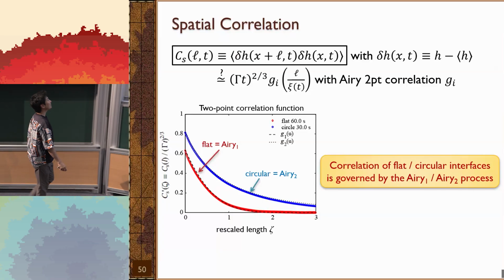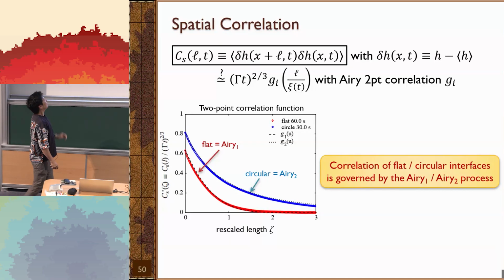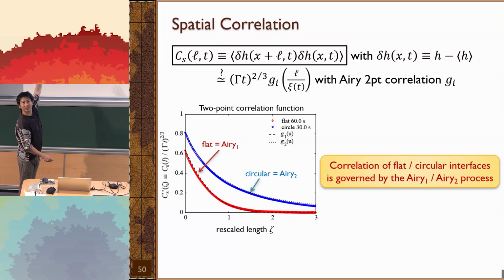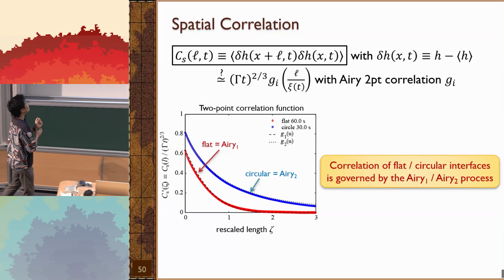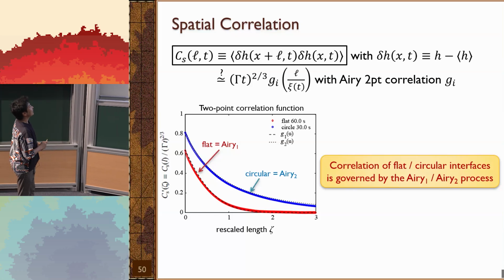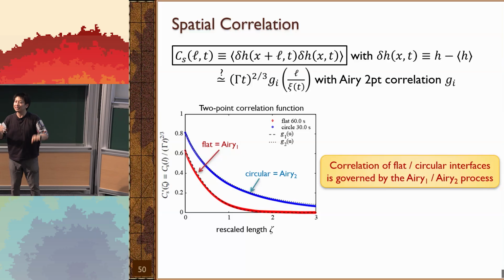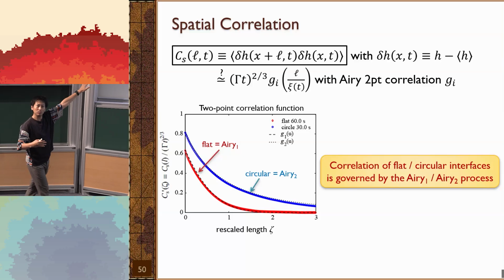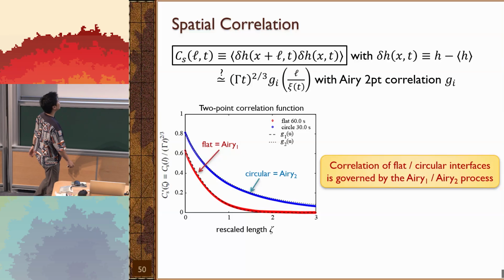They are in very good agreement, and there is no arbitrary fitting parameter. I said that it is surprising that Airy 2 and Airy 1 have qualitatively different decay, but that is also confirmed with this experimental data.